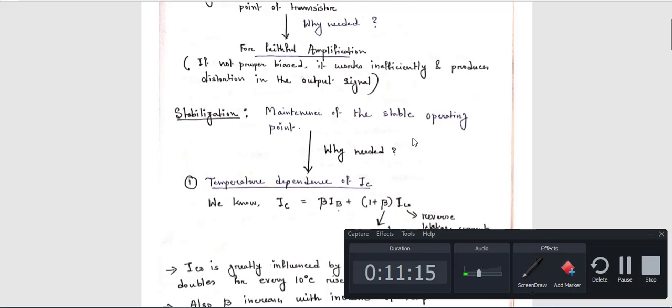Maintaining this Q point means, suppose I'm asking you to perform an experiment to calculate the output characteristics of a transistor. Now what do you have to do? First you take some loose components, say a transistor and some passive components, and according to the circuit you make your circuit, and after that you measure the values, that is output voltage, output current, input voltage, or input current, with the help of a multimeter, voltmeter or ammeter.